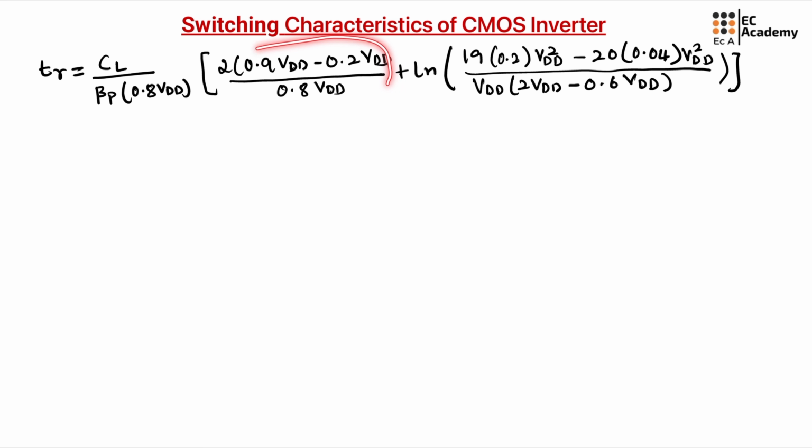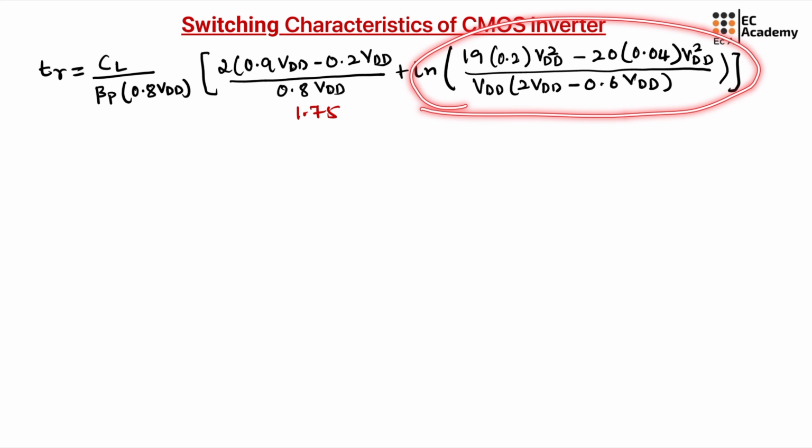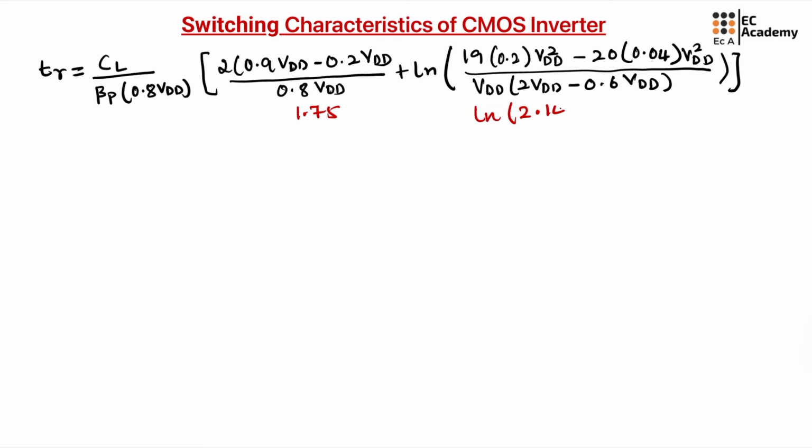Now this term will be simplified to 1.75 and this term will simplify to ln of 2.14.